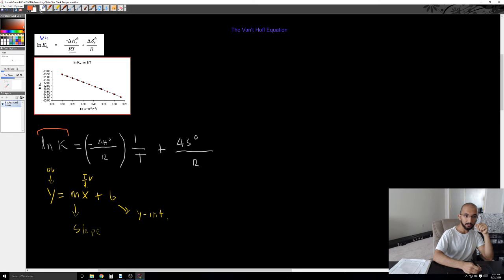Let's call this y. Now, m has to be a constant. Is this a constant? Well, we know that R is the ideal gas constant. It is by definition a constant. And delta H standard for a given reaction does not change. So again, we are changing the temperature, and K is going to change as a result.